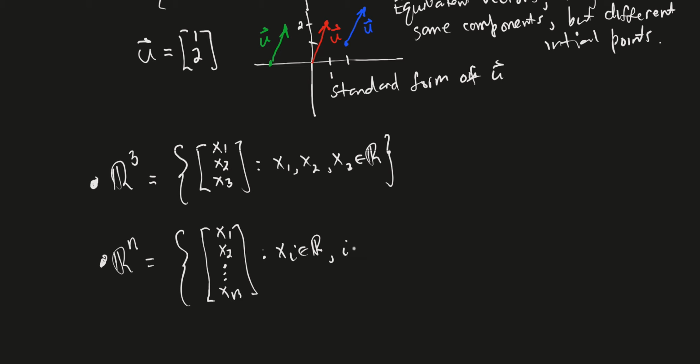Right? So i equals 1, 2, dot, dot, dot, n. And this set of vectors is called the Euclidean n-dimensional space, named after the famous Greek mathematician Euclid.